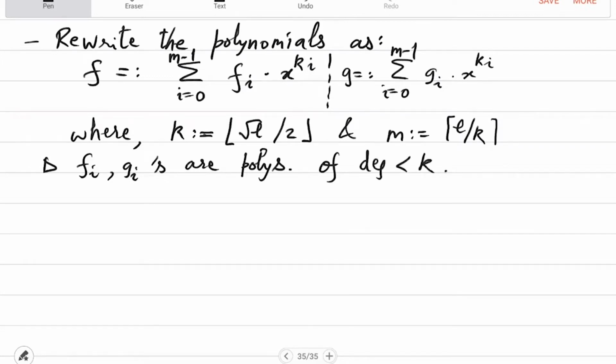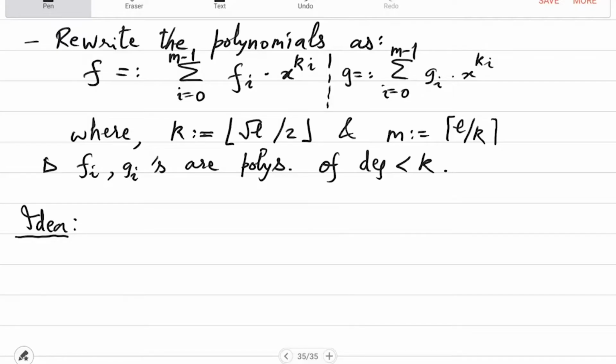And so the idea is essentially that you are thinking of F as a bivariate polynomial. So you think of Fi's in one variable, let's say y, and x to the ki is in x.